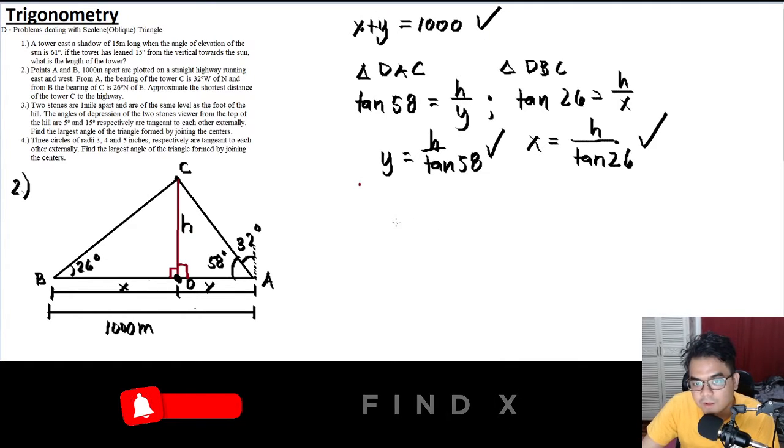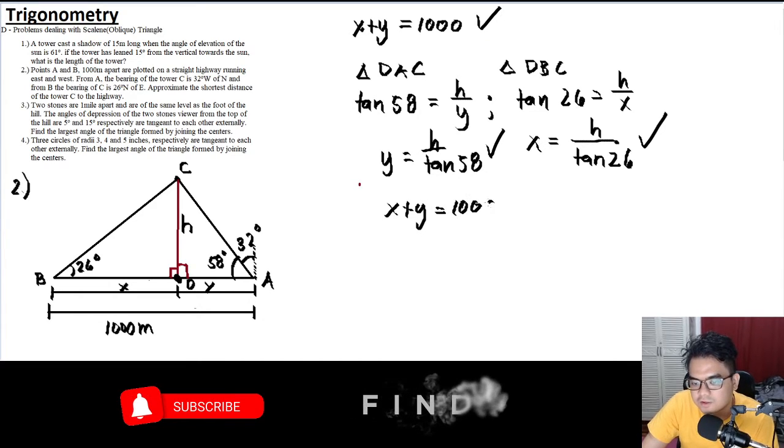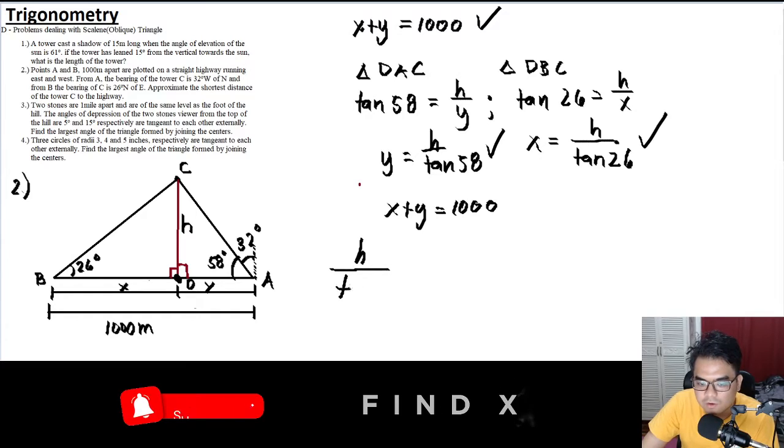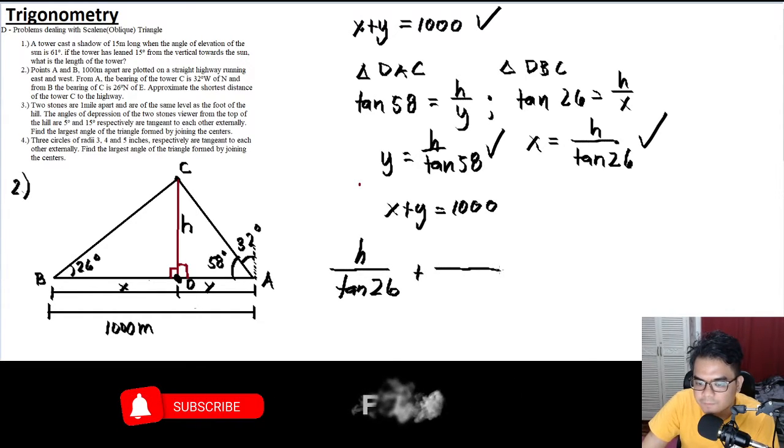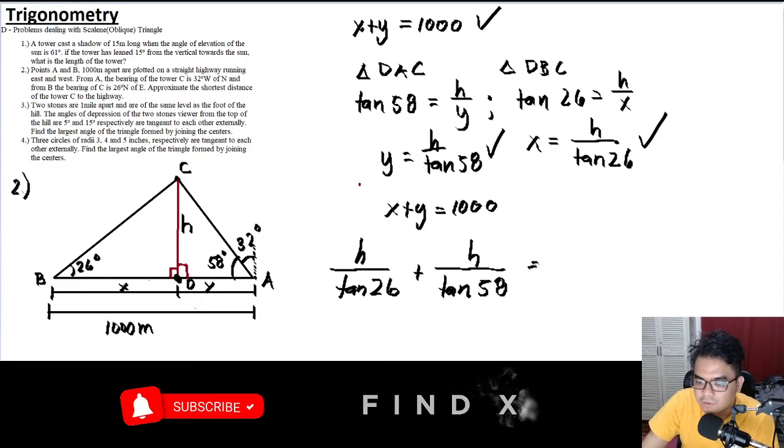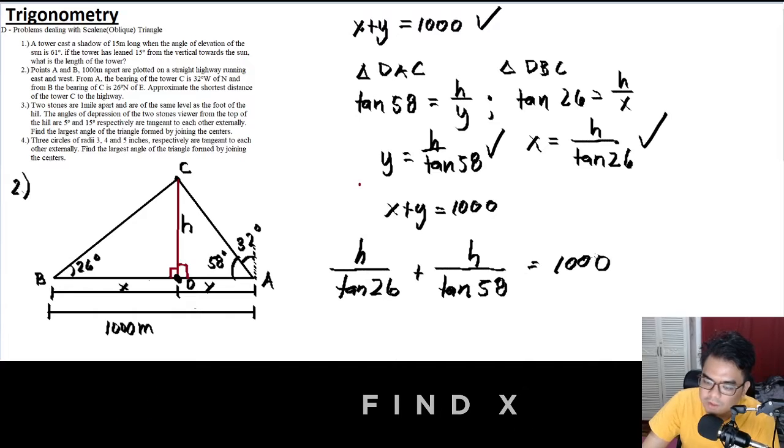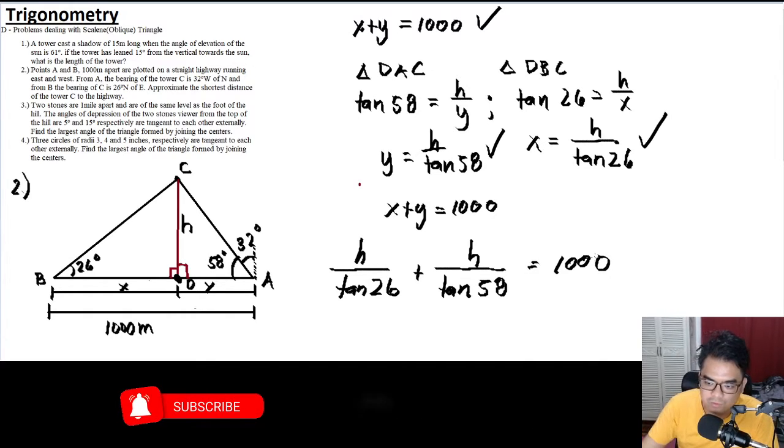So you'll have x plus y is equal to 1000, and then x is h over tangent 26 plus y is h over tangent 58 is equal to 1000, and then we will be able to solve for h.